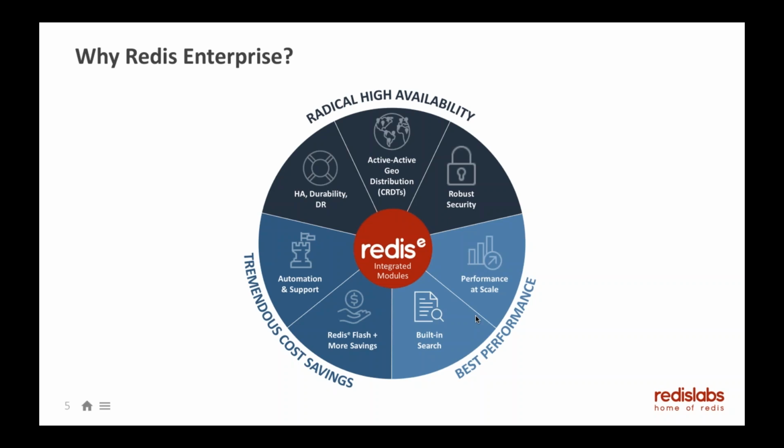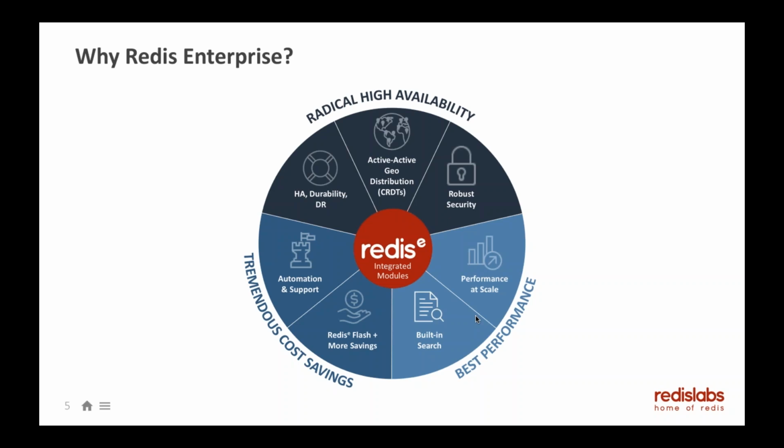Obviously, the flash gigabyte price is much lower than the DRAM gigabyte price, and that's where the savings come from. And Redis's flash technology is smart enough to move the right data and place the data that's hot in RAM and warmer in the flash storage. So it provides this kind of smart placement and great savings, and without a great compromise on performance.